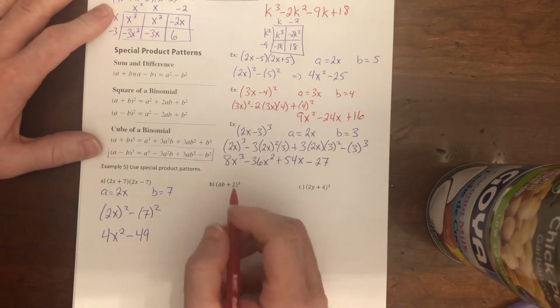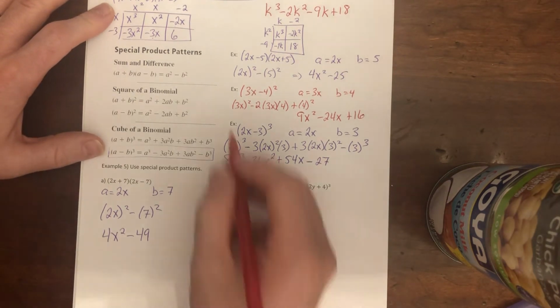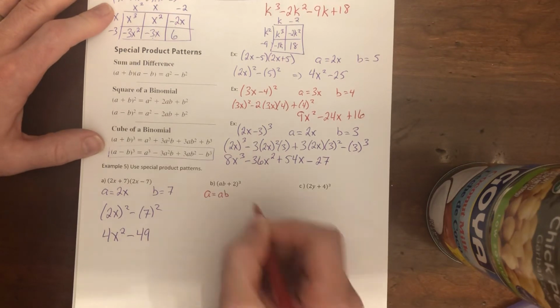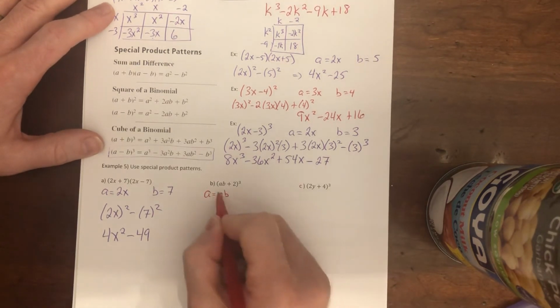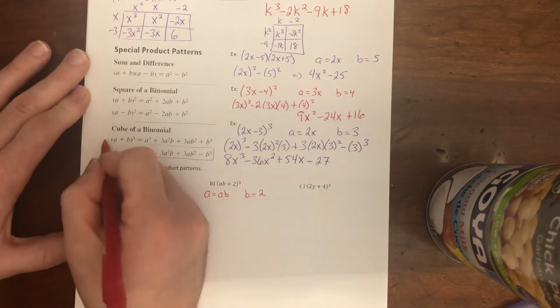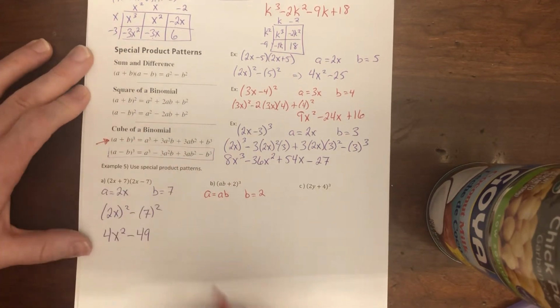Now the next one is to the third power, so we want to make sure we follow our pattern here. In this case, our a is actually ab. It's one term, but it's 2 variables. And our b is 2. So we're going to follow this last pattern here.